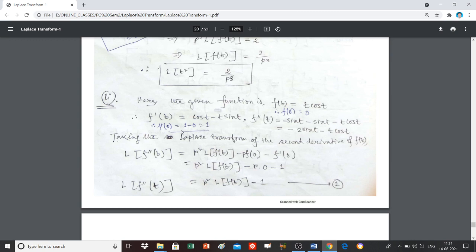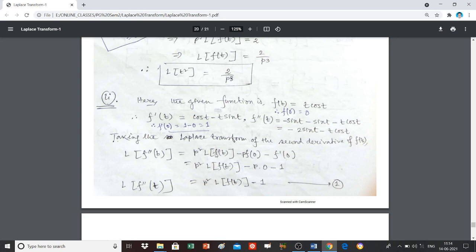Okay. Now taking the Laplace transform of the second derivative of f(t). So now we are using the Laplace transform of the second derivative of f(t), that is f''(t). That is L{f''(t)} = p² L{f(t)} − p f(0) − f'(0). This is the formula; we already have knowledge of this.